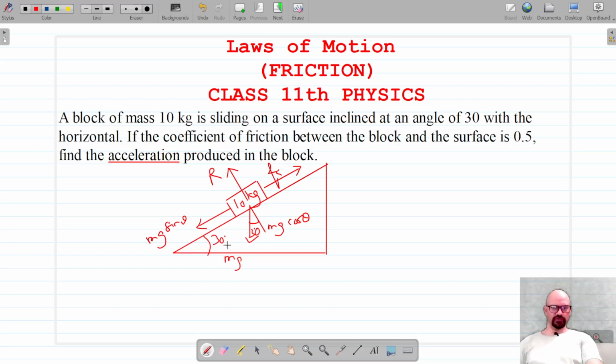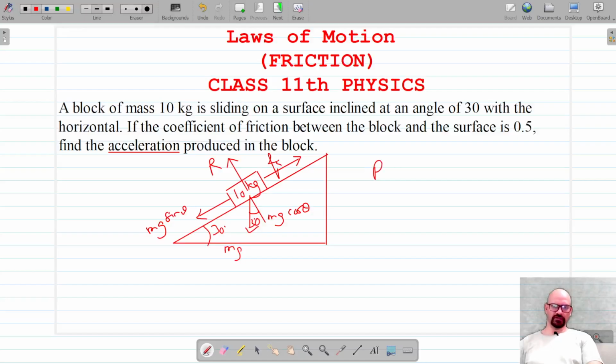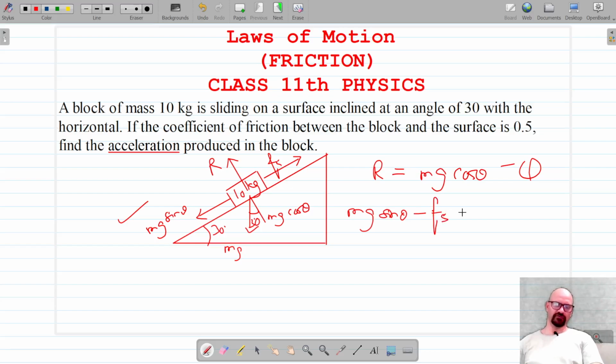We have to find the acceleration produced in the block. So now the normal reaction R is balanced by the component mg cos theta, and because the block is sliding on this inclined plane, that means mg sine theta is more than the maximum force of friction, and this is the net force acting on the block.